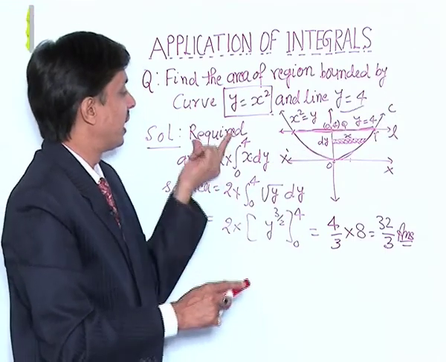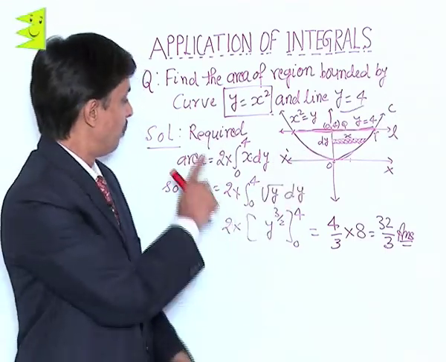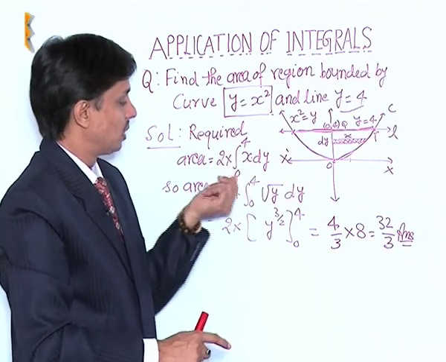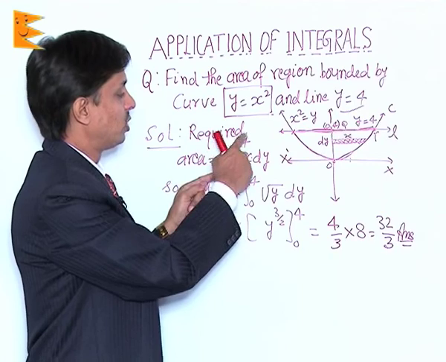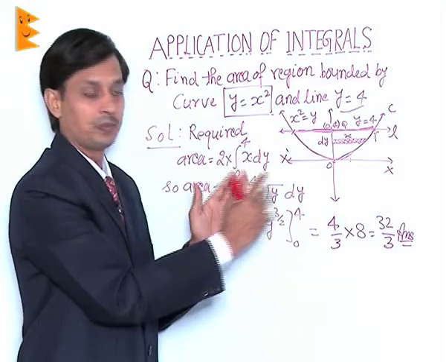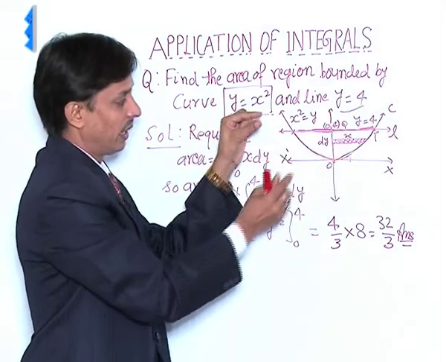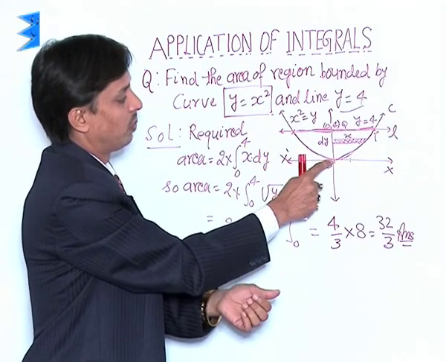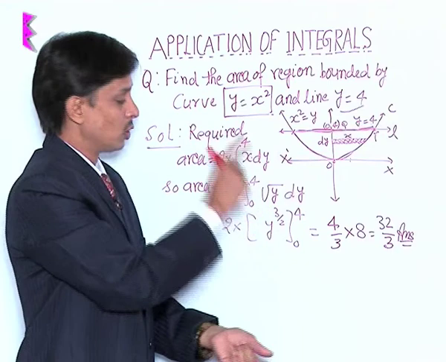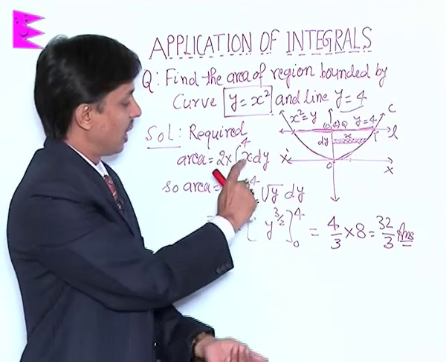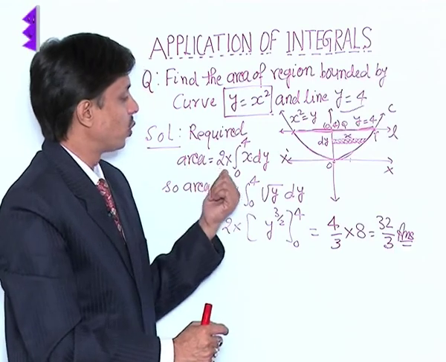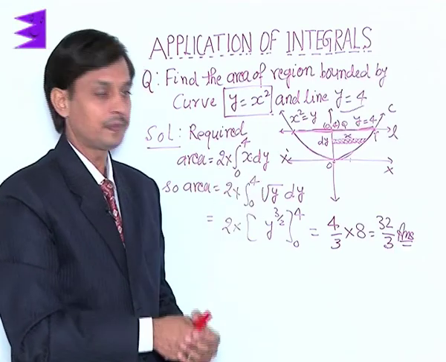So the required area will be twice the area of the part enclosed between 0 to 4 of x dy. X is the length and dy is the small width, and such rectangles are forming from 0 to 4. So limits are 0 to 4, x into dy and its twice. Area is equal to 2 into integral 0 to 4 of x dy.